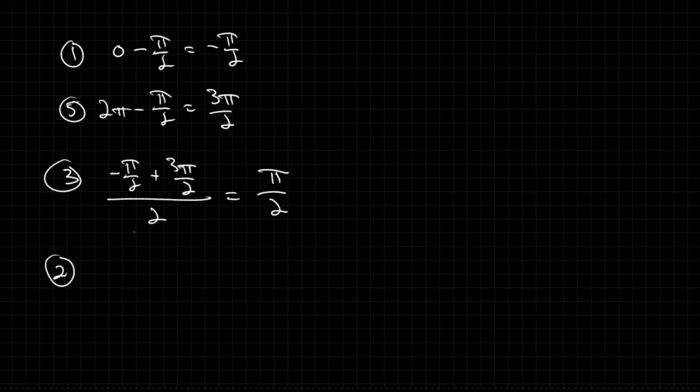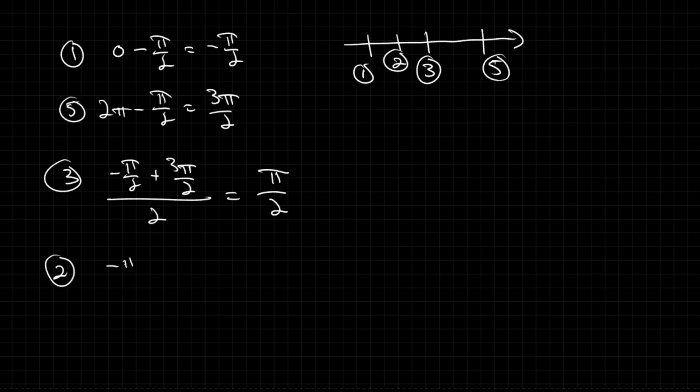To get the second, you do the average of the first and the third. And this may seem a little strange when you're doing the computations, but remember, you have the first and the fifth, and the third happens halfway between the first and the fifth, and the second happens halfway between the first and the third. So this would be minus pi over 2 plus pi over 2 divided by 2, and that's just going to be 0.